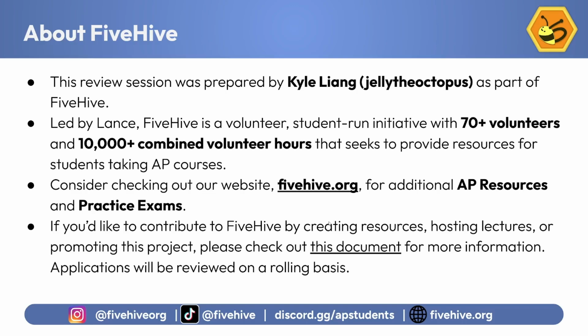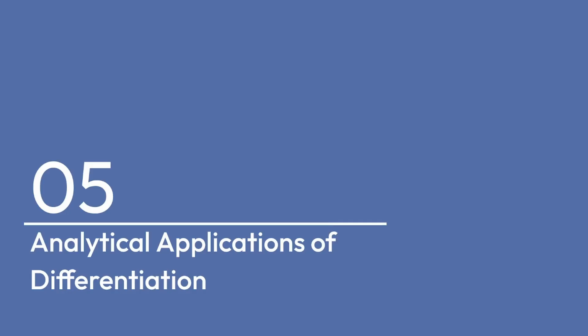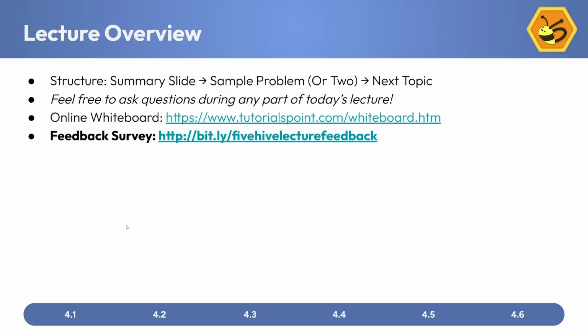All right. So today we're going to be going over Unit 5 of Calculus AB. So that's on analytical applications of differentiation. Before we get into the actual content, I'm just going to quickly go over how I've structured this lecture.